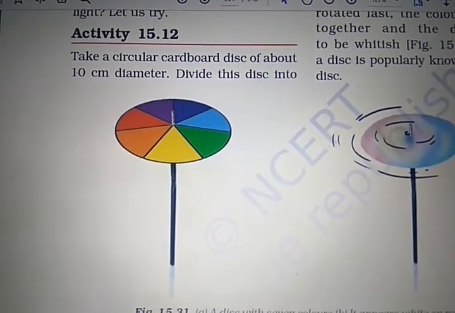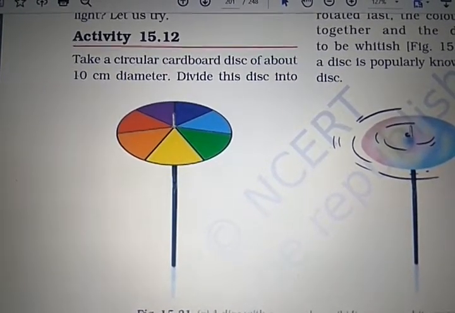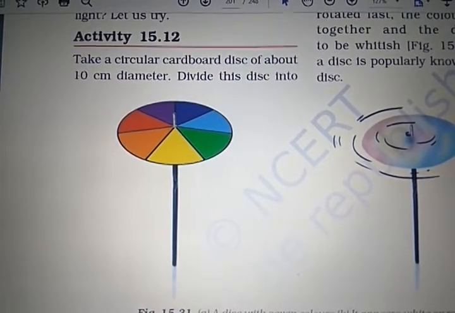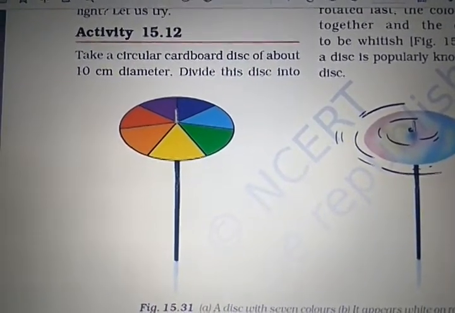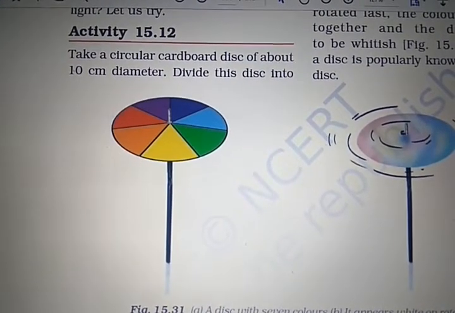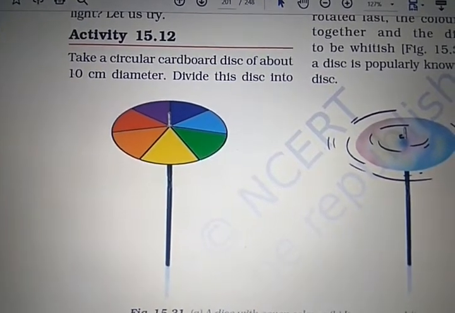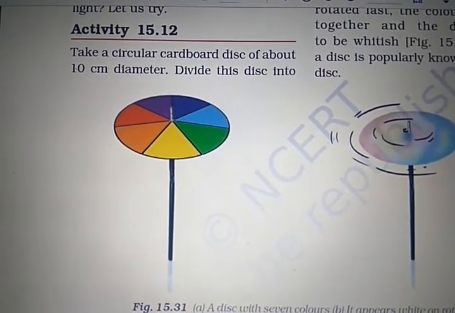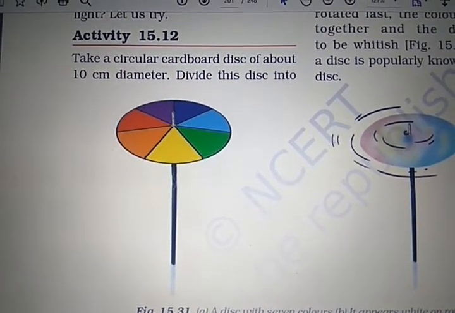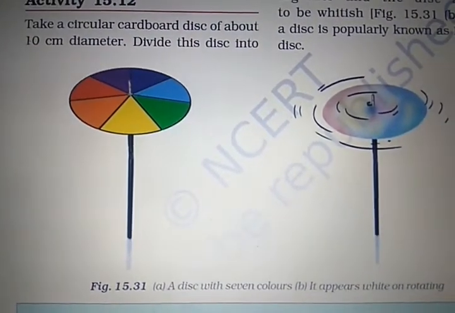So it proves that the beam of light, sunlight, consists of how many colors? 7 colors. But when this disc is moving, you cannot see these colors individually, you see now it is moving.